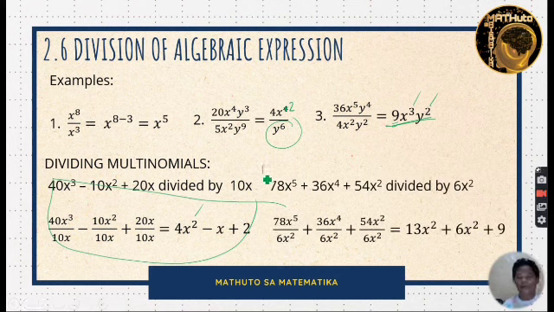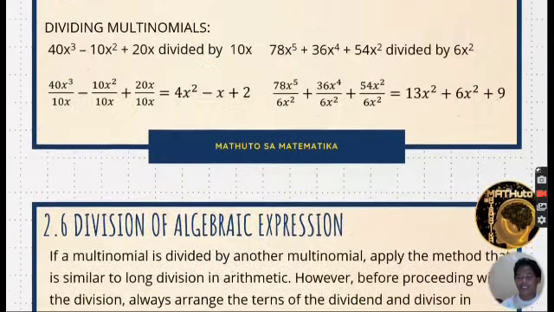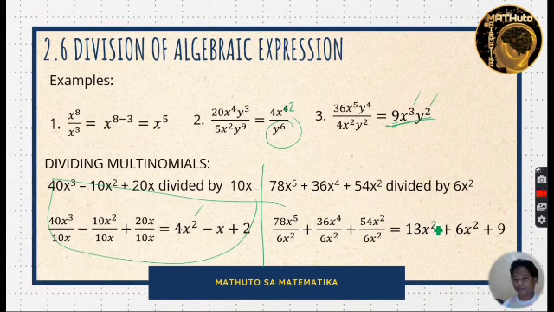Another example. 78x to the 5th plus 36x to the 4th plus 54x squared divided by 6x squared. So, 78 divided by 6 is 13. 5 minus 2 is 3. So, this should be 3. And plus 36x to the 4th divided by 6x squared.